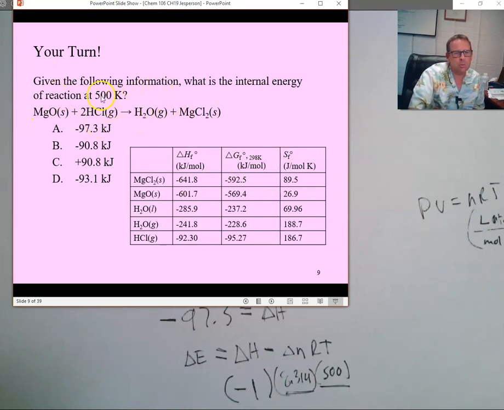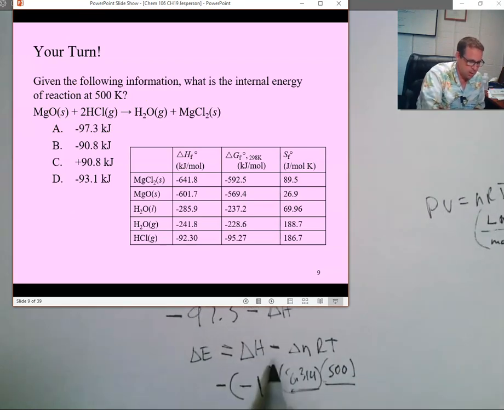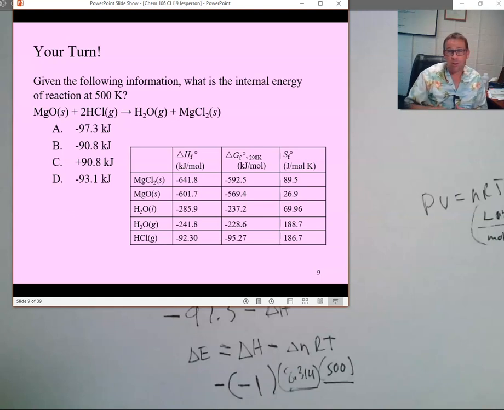And on the left, we have 2 moles of gaseous material, just the 2 moles of HCl. So 1 minus the 2 is our -1. We still have to throw a negative sign in there for this. So in terms of releasing or absorbing energy from the surroundings, this reaction does not release work energy. It absorbs work energy.